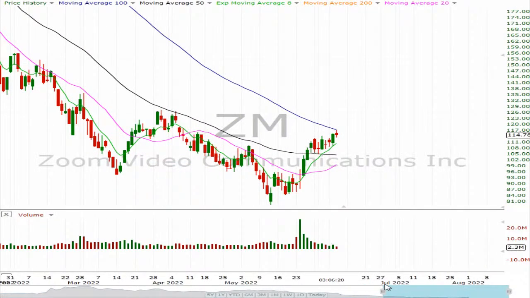So I use those for intraday trades. I also use those for swing trades, and when I am designing setups or looking for setups or screening for setups, the moving averages are oftentimes what gets me interested. Like when a stock breaks through a certain area of resistance, a certain moving average, right?